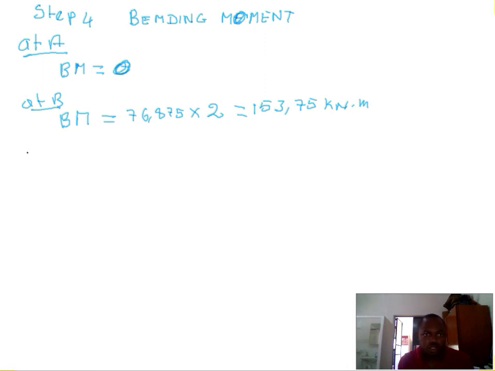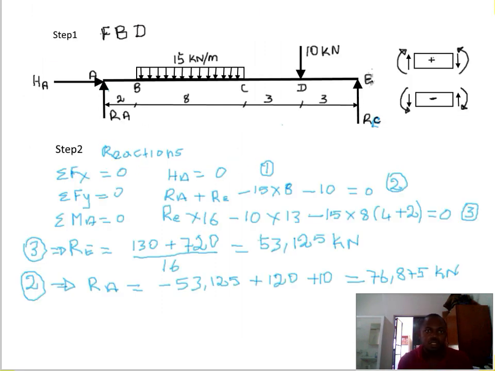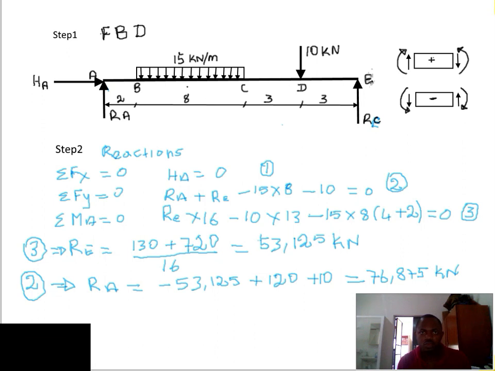And the moment at C will be equal to 76.875 times the distance, which is 10. If you go back there, you will see the distance from A to C is equal to 10, 8 plus 2.